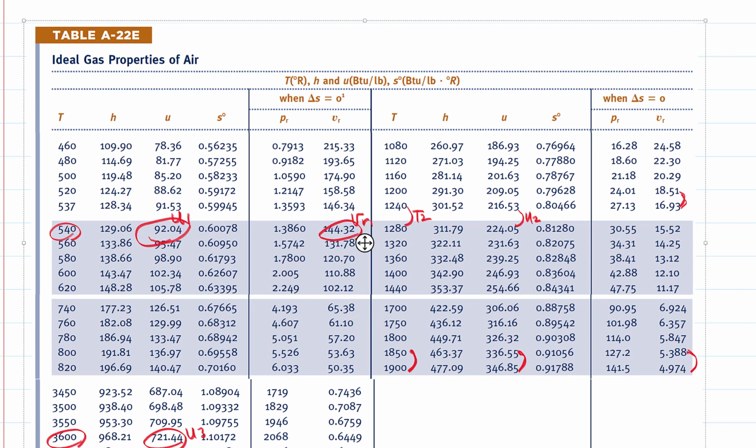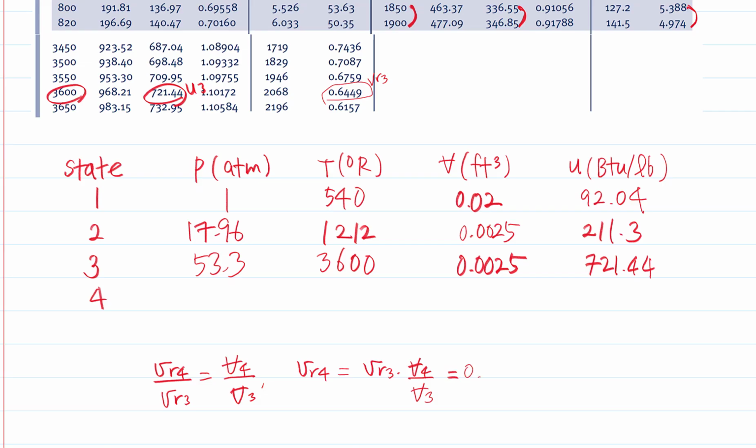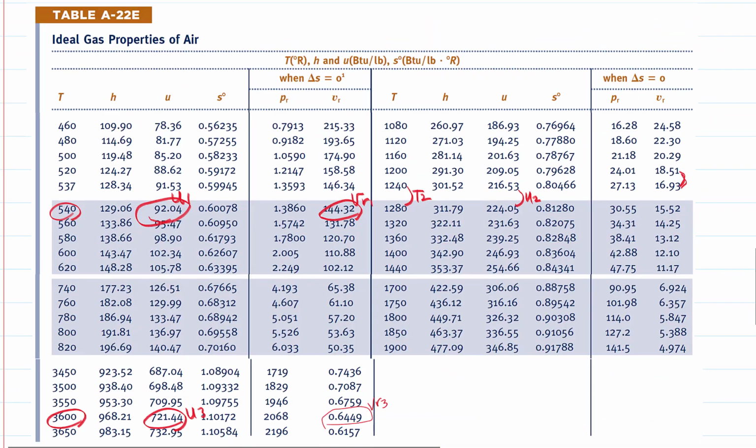So at 3600 degrees Rankine, this is vr3. So 0.6449 times 8. So vr4 is 5.16, which sits between these two numbers in table A-22E.